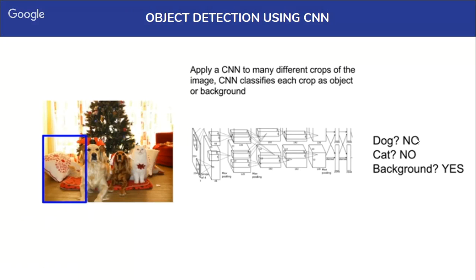So we'll get multiple results for the single object. Finally, we'll apply the NMS technique, non-maxima suppression, to make a final bounding box. We'll also keep a threshold on the probability scores, and if a score is below a certain value, we eliminate those as not objects.